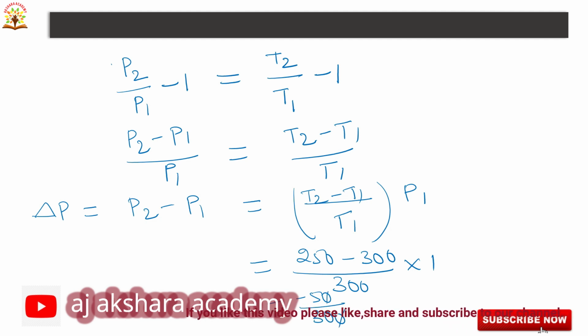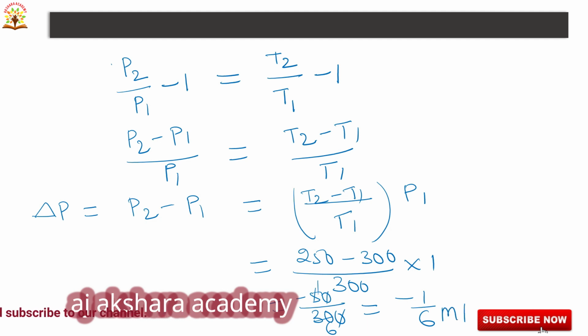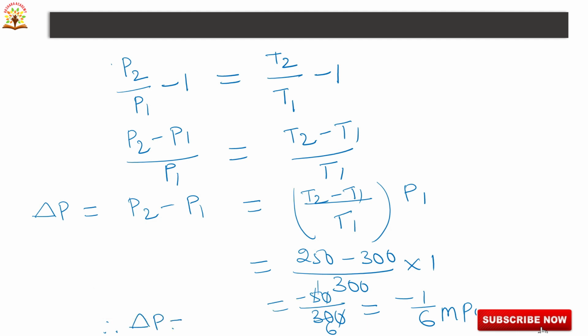Zeros get cancelled, 5 ones are 5, 5 sixes are 30. So that is equal to minus 1 by 6 megapascals. Therefore the change in pressure delta P is equal to minus 1 by 6 megapascals.